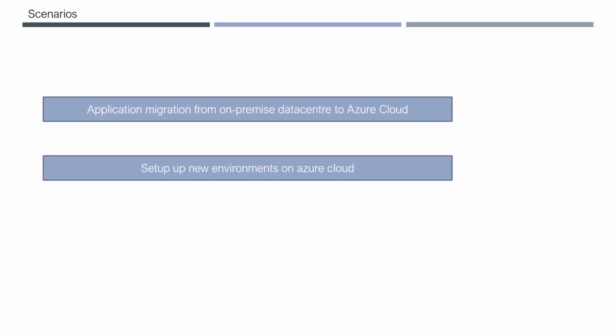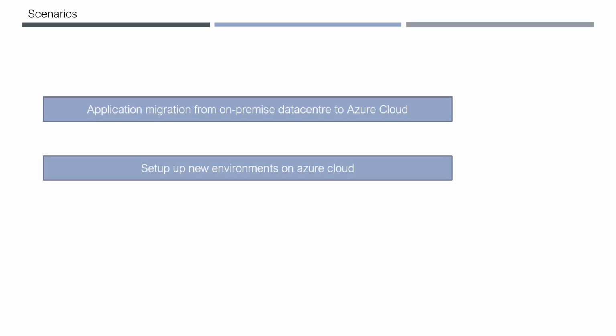What are the scenarios for using this infrastructure as code way of working, or automated way of creation of your infrastructure resources? One scenario is, right now, most of the people are migrating from on-premise to Azure cloud.